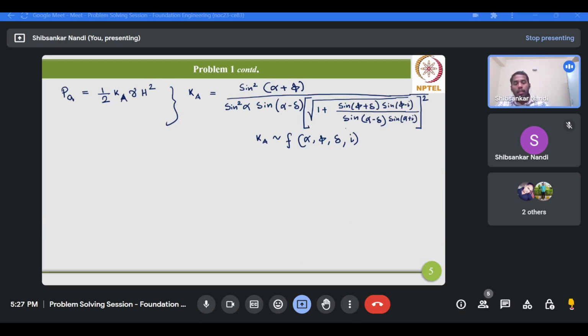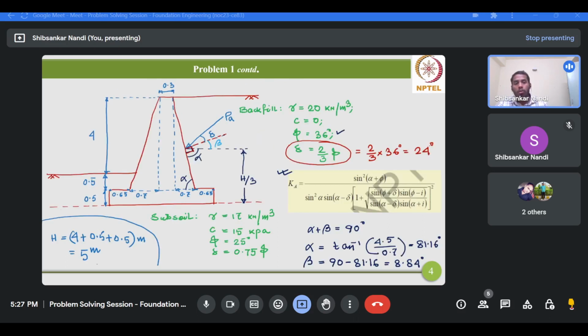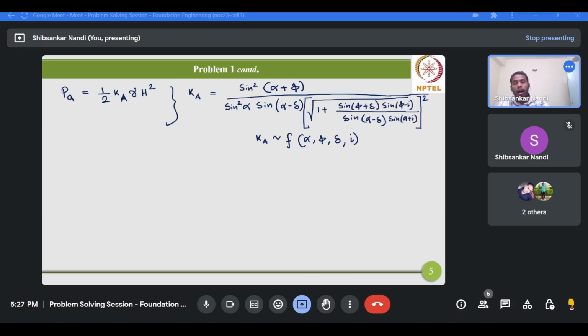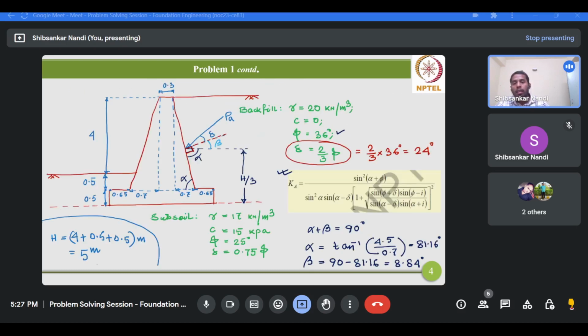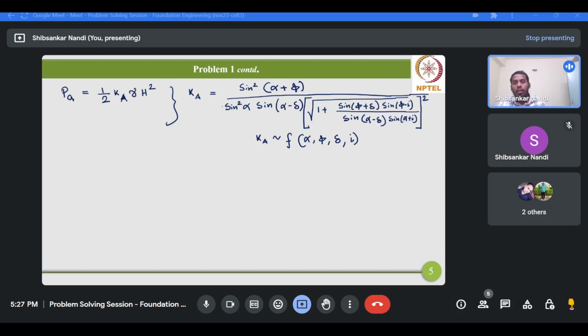What is delta? This is the wall friction. We have also calculated it as 24 degree. And what is I? This is the inclination of the backfill surface. Since the backfill is completely horizontal, the I value is 0. So I am summarizing here.